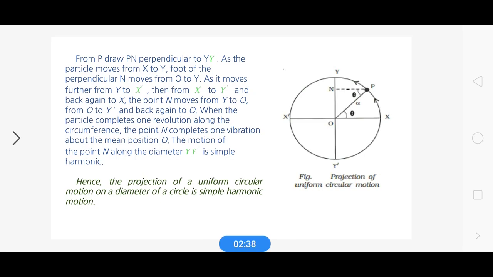So as the particle moves from X to Y, the foot of the perpendicular shifts from O to Y.